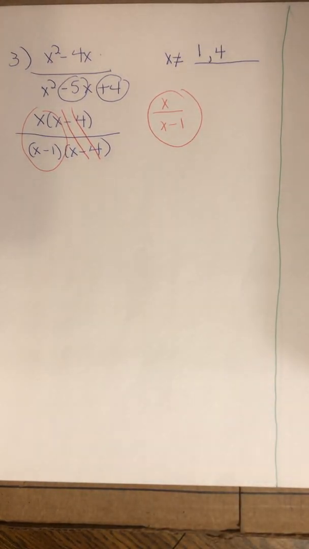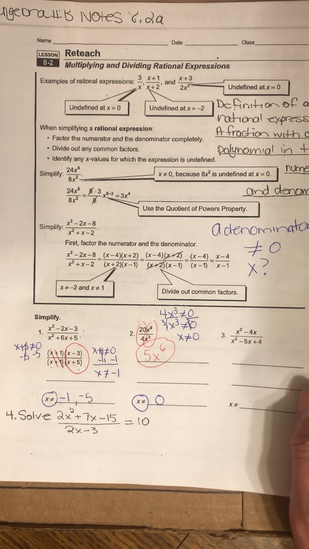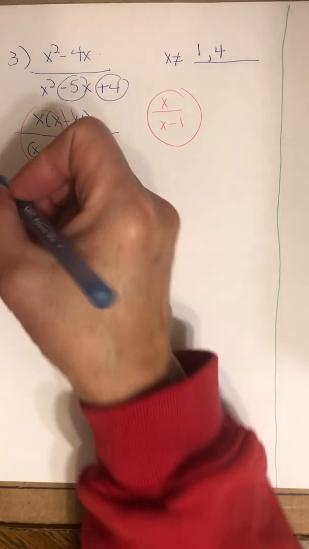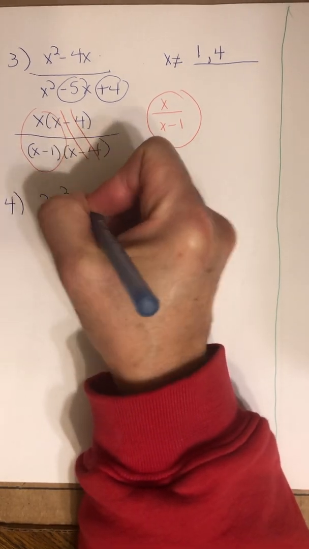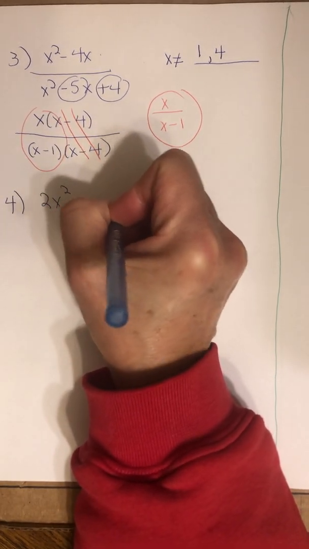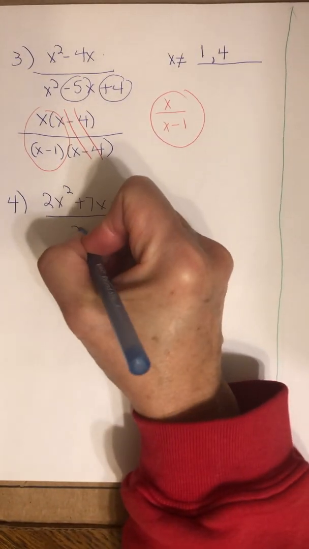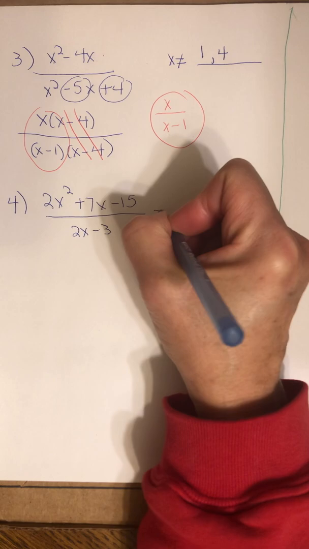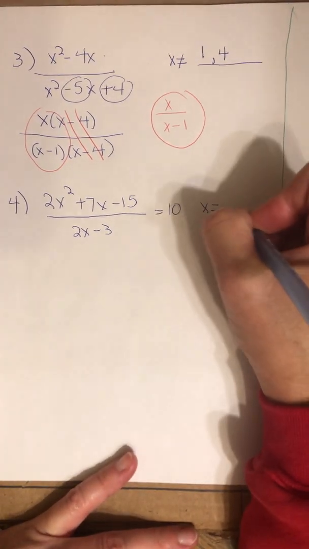Number 4 on our paper, right here, they're asking us to solve this equation. So I will write that here. 2x squared plus 7x minus 15 over 2x minus 3 equals 10. First of all, let's take a look at what x cannot be.